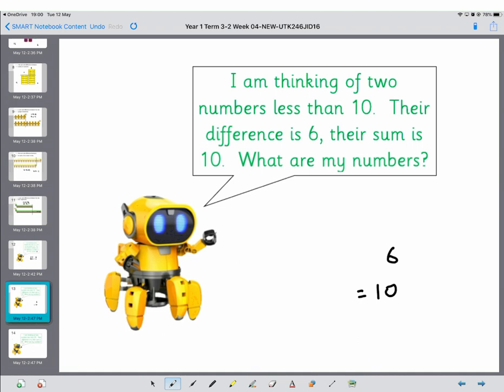Well, I could do it by trial and improvement. So 1 plus 9 gives you 10, but there's a gap there of 8. What about 2 plus 8? Well, let's find out. That works. What about 8 minus 2 equals 6? That looks like that's right. So my two numbers are 8 and 2.